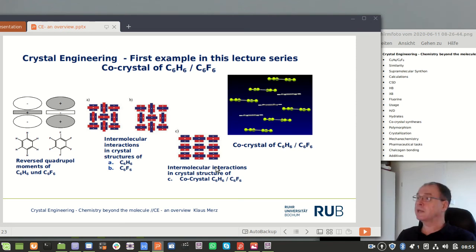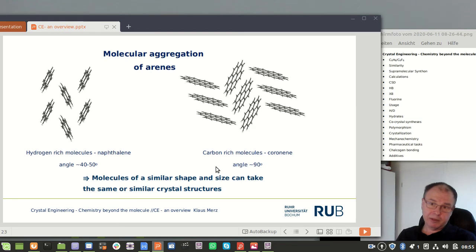This was the first example, this was the start. When we go on, have a look at hydrocarbons, aromatic hydrocarbons. We have seen that similarity is very, very important to describe and to analyze crystal packing.